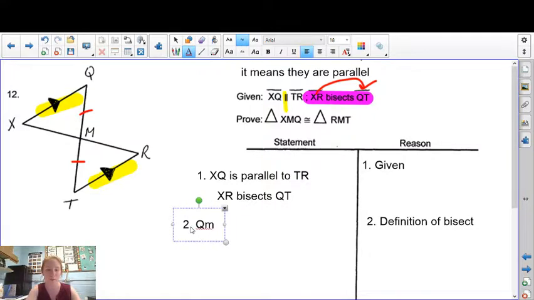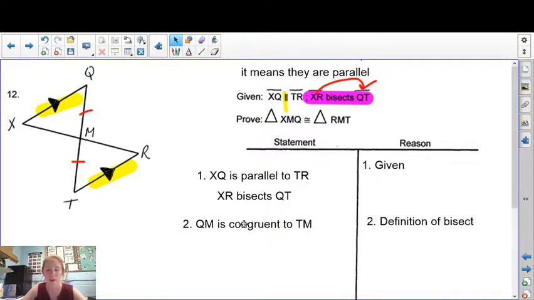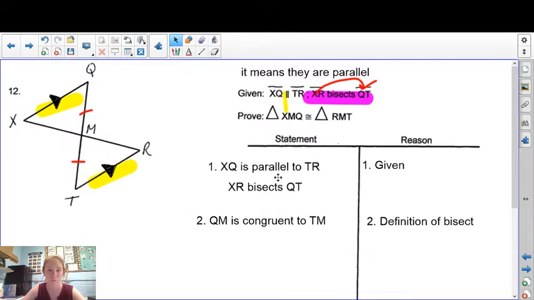Tells me that QM is congruent to TM. I did that on purpose. Okay. Well, I need some angles, and I've got my side.